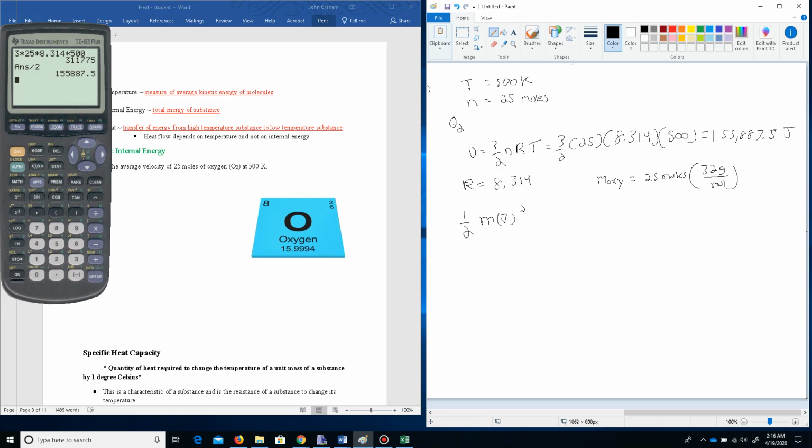So 32 times 25 is 800 grams. And we are going to want to switch that to kilograms, 0.8 kilograms.